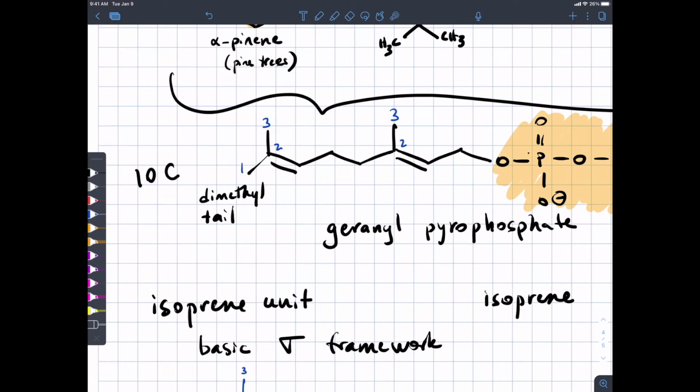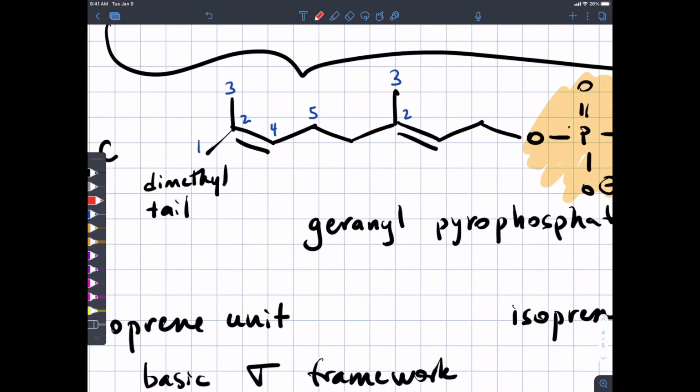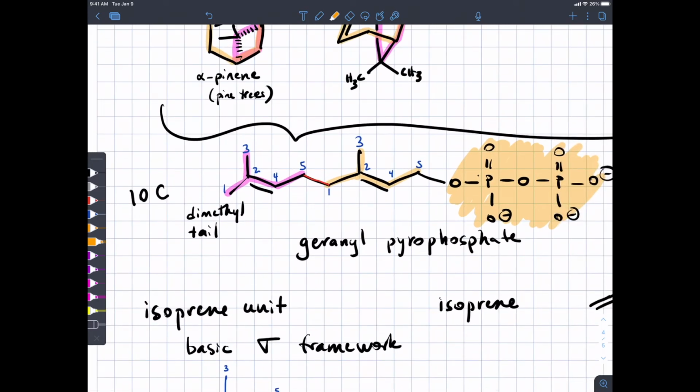And then we'll continue numbering: 1, 2, 3, 4, 5, and then carbon 5 of one isoprene unit, and that's our first one, is going to be bonded to carbon 1 of the next isoprene unit in this linear precursor. So now we have 1, 2, 3, 4, and 5, and carbon 5 is attached to the leaving group here. So in pink and orange, respectively, I've identified the 2 isoprene units here.